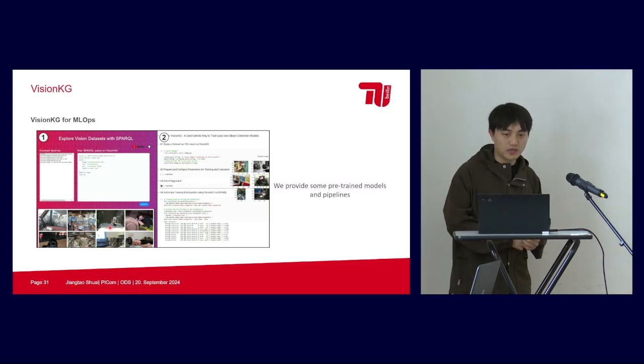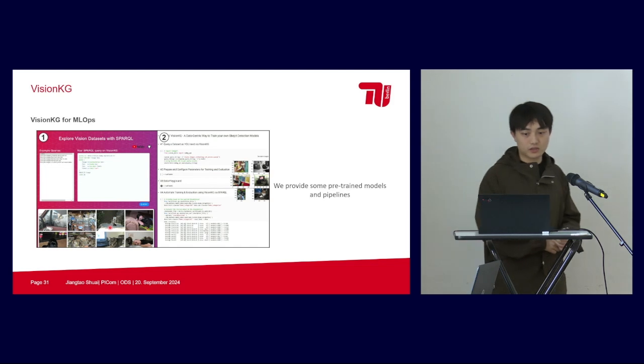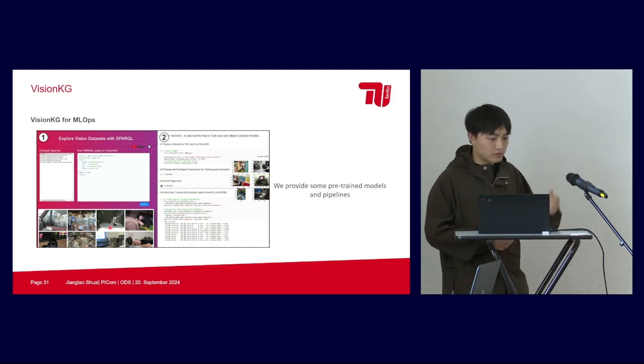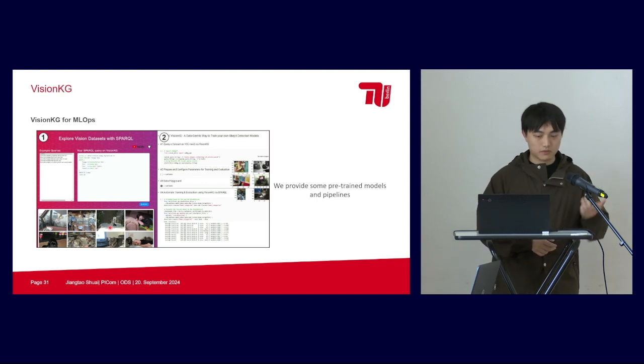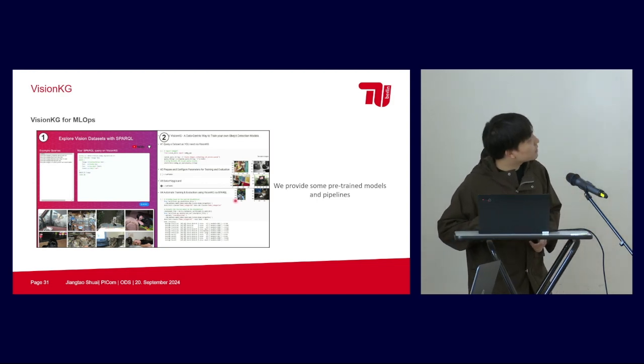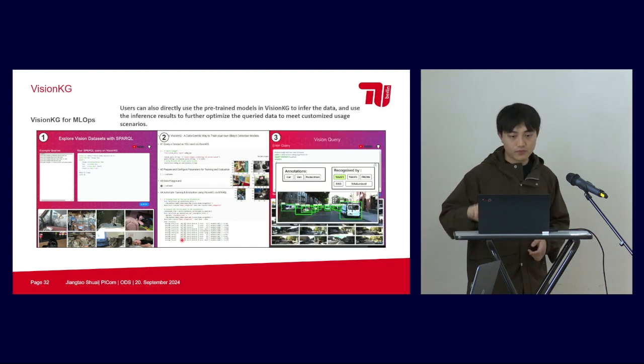Another feature is that Vision KG provides some pre-trained models already, and also some pipelines to build your own model, depending on your customized properties. For example, here you can directly import some pre-trained model, and some defined pipelines here, and then get the results.